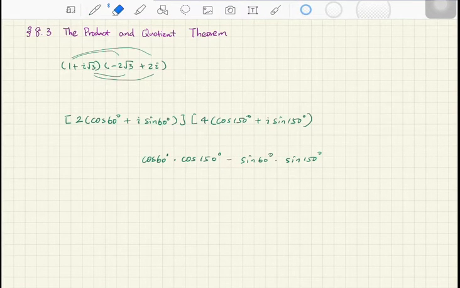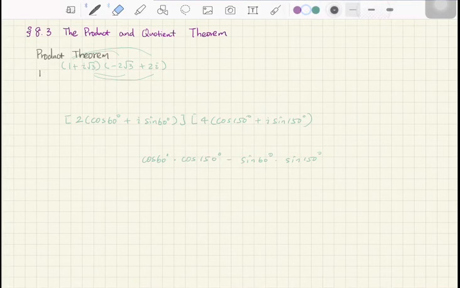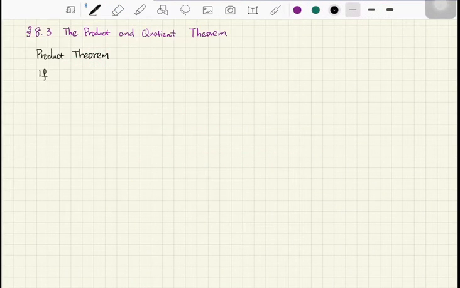So the first one we're going to talk about here is the product theorem. If I have two complex numbers in the polar form, the first one r1 times cosine of theta 1 plus i sine of theta 1, and then r2 cosine of theta 2 plus i sine of theta 2.